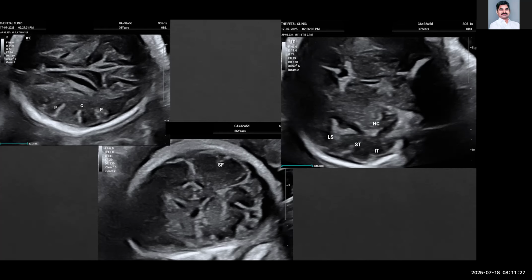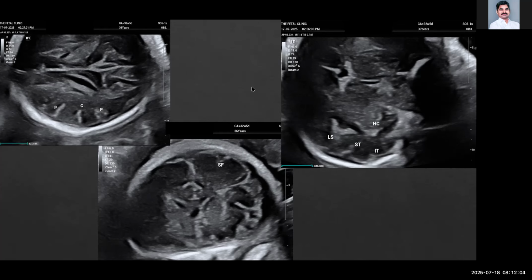In the image you have shown for the central, precentral, postcentral, you can also see the parieto-occipital sulcus in the same, correct? Yes. This plane is a bit cephalad, cranial to the transventricular plane, and you need to slightly elevate the probe so that you can get the view through the suture.